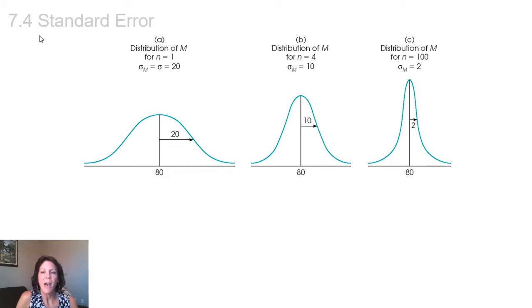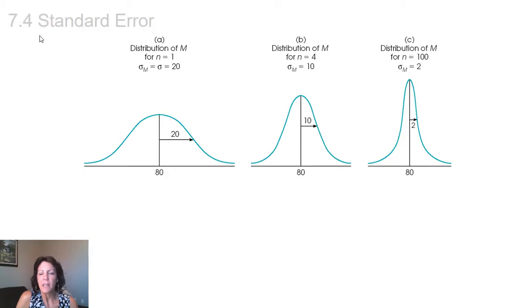However, if we have an n of 4, our standard error goes from 20 to 10. So our standard error decreases when we have more people in the sample. You might say 4 is not really a big sample, but even then, it changes the error. It decreases the error amongst our means.